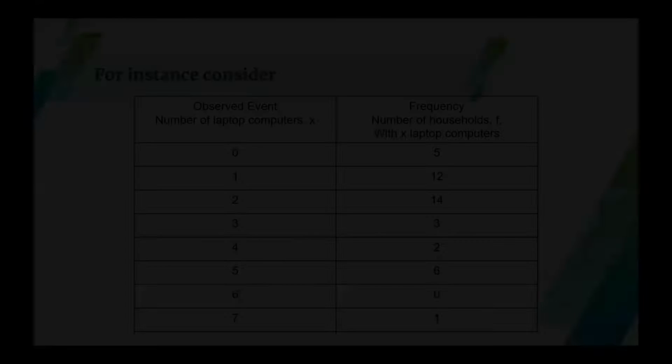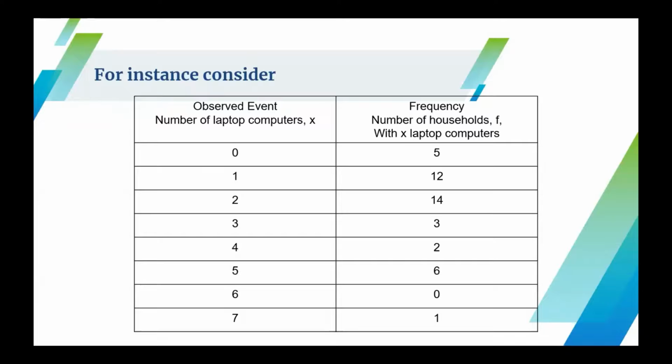This frequency distribution table was constructed using the data from the previous one. The first column of the frequency distribution consists of the numbers 0, 1, 2, 3, 4, 5, 6, and 7, and the corresponding frequency of occurrence f of each of the numbers in the first column is listed in the second column.